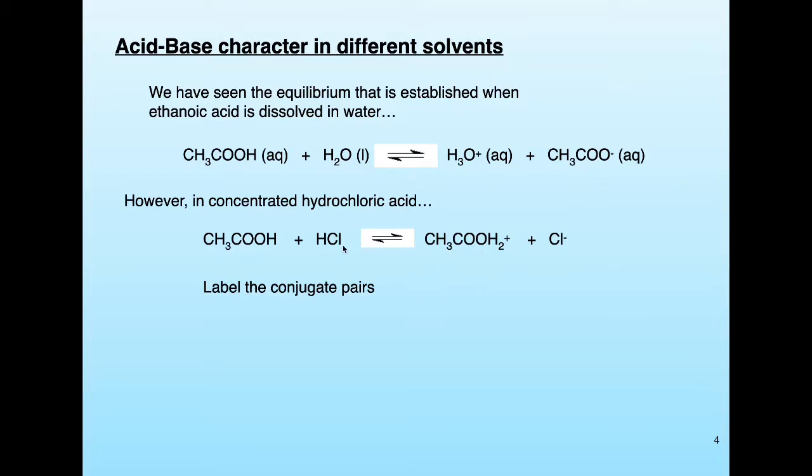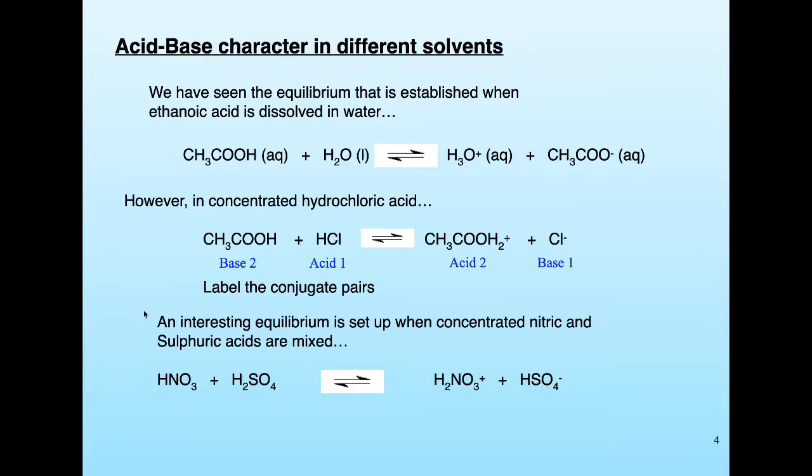So the HCl here has given a proton to the ethanoic acid. So that makes the HCl acid 1. Obviously it's related to Cl- or base 1. Now on the right hand side, the species that can donate a proton is this, it's not an ethanoate ion, is it? It's a strange protonated ethanoic acid molecule. That's my acid 2, and that's my base 2.